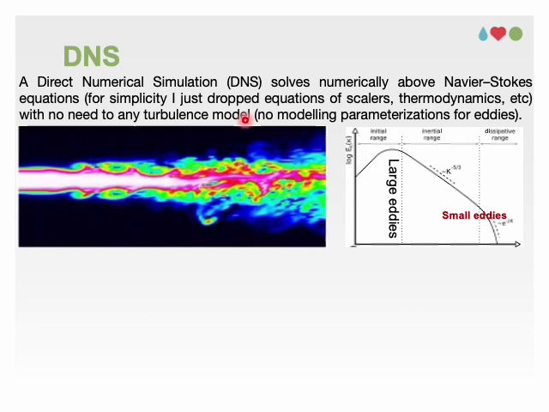The first approach is called Direct Numerical Simulation, or DNS. DNS solves the Navier-Stokes equations without any need to model turbulence, and it is capable of resolving eddies of different sizes and shapes by using very small grids and model time steps.